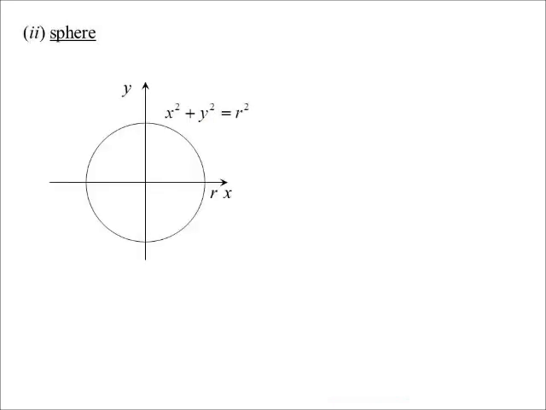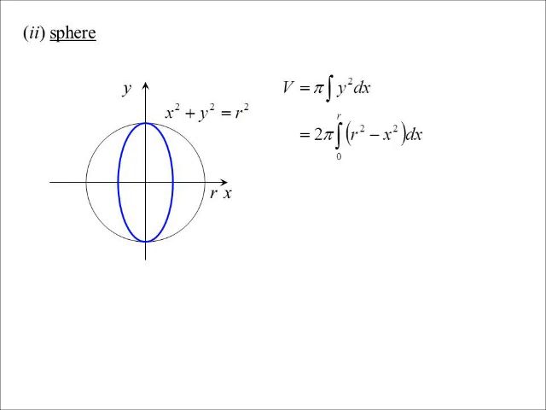Okay, what about a sphere? Well, a sphere, we just got to rotate a circle, and we'll get it. Well, in fact, we don't rotate a circle, rather we rotate a semicircle. Rotate it round, and we'll get our sphere. So pi times the integral of y squared dx. Well, it's already got y squared in the equation, so r squared minus x squared is what we'll substitute in. And rather than going from minus r to r, I'm using symmetry, and I'm going twice from 0 to r.